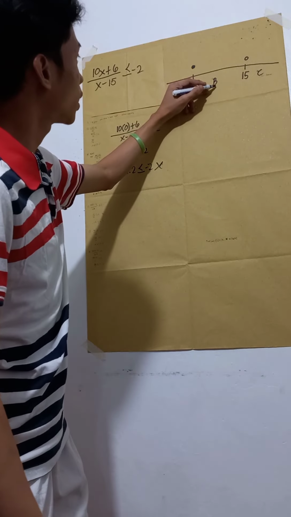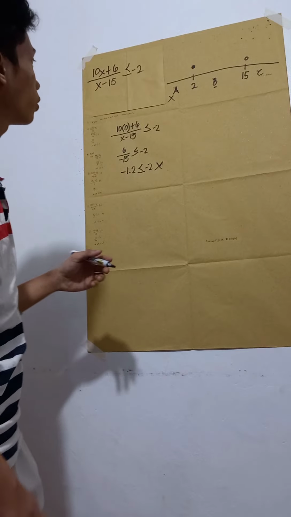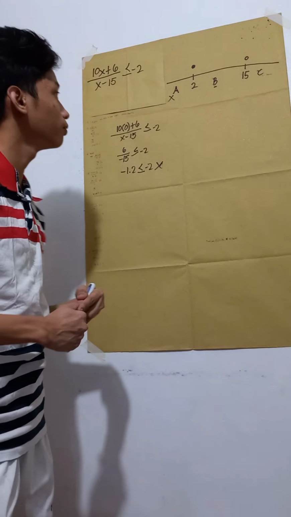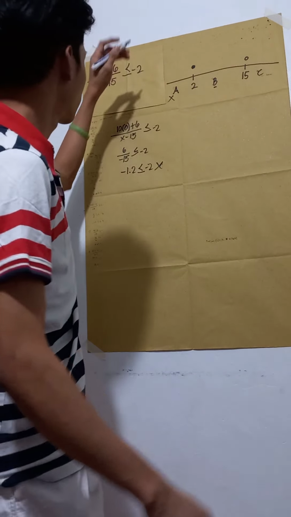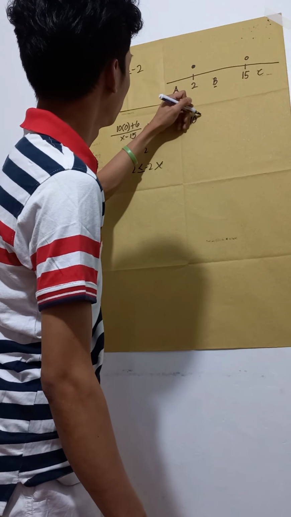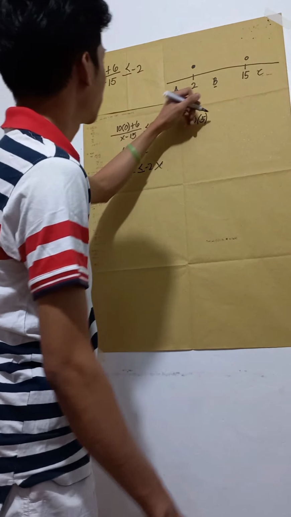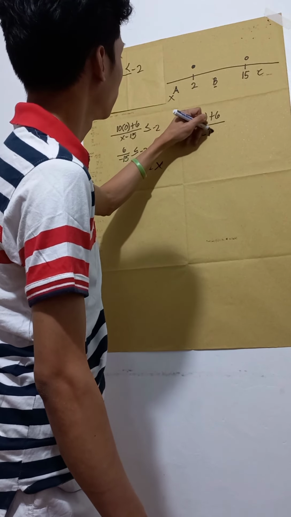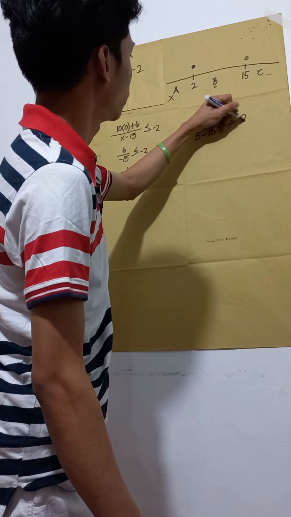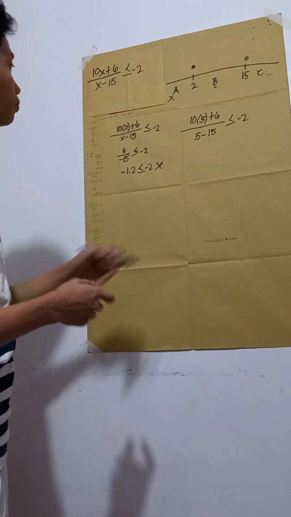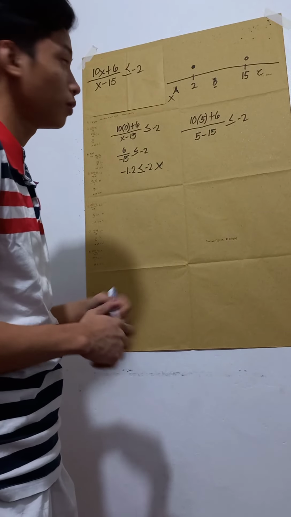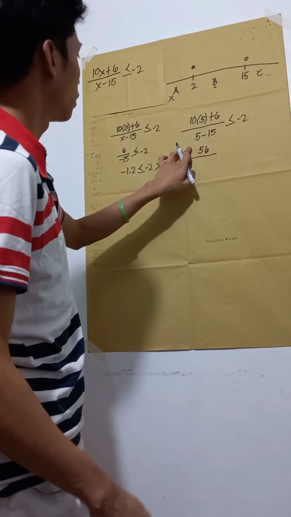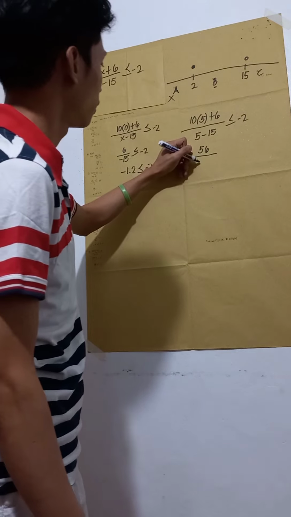Next, we'll try the B interval. We're going to get a number in the interval, which is 5. Next, we're going to substitute: 10 multiplied by 5 plus 6 over 5 minus 15 less than or equal to negative 2. 10 multiplied by 5 is 50 plus 6, 56. 56 over 5 minus 15 is negative 10.